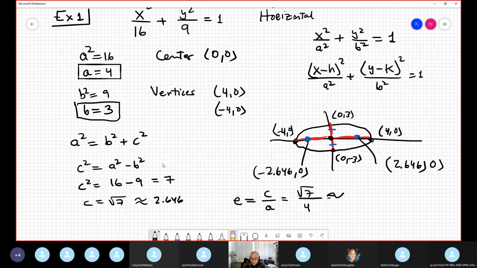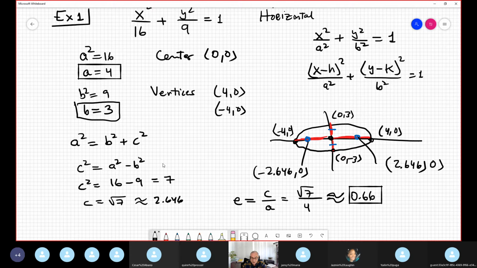And when you compute the decimal approximation, because this is an irrational number, it's 0.66. That indicates to me that the ellipse is not too rounded, it's a little bit flat. Not too much, but a little bit flat.